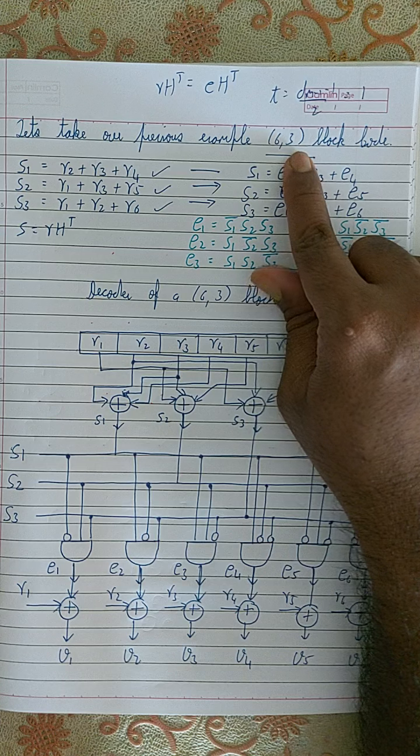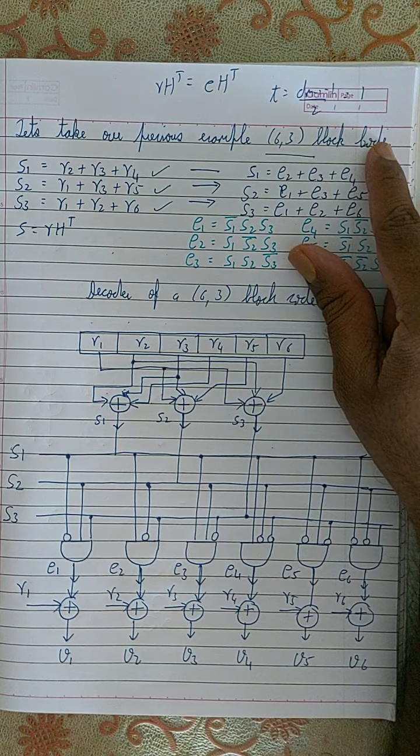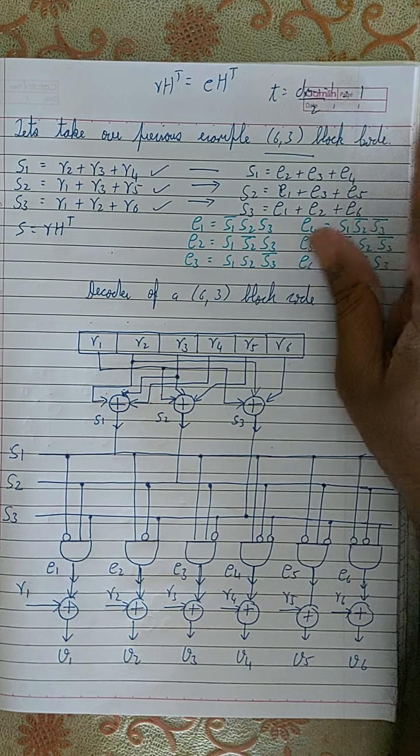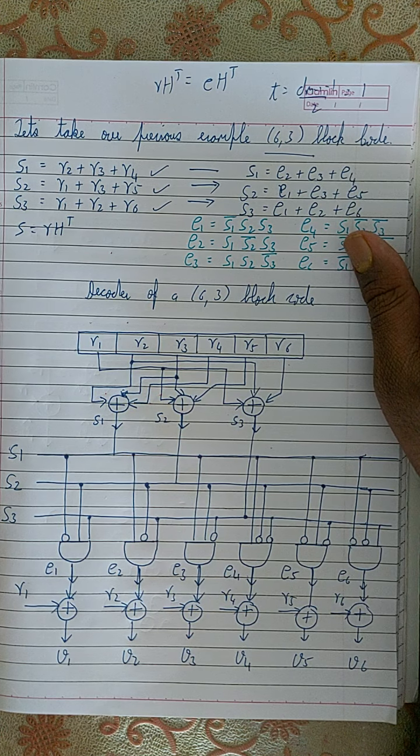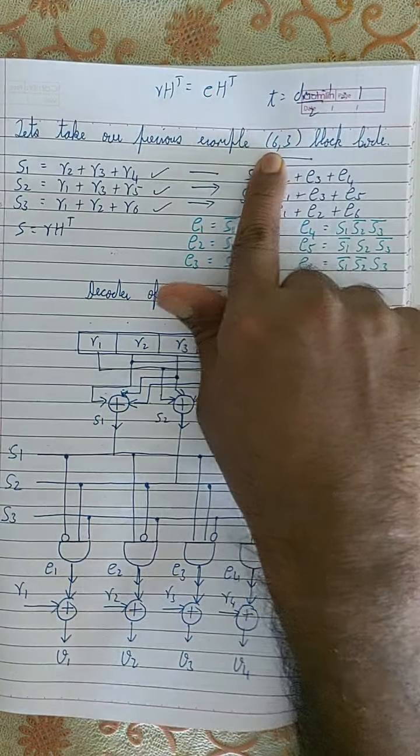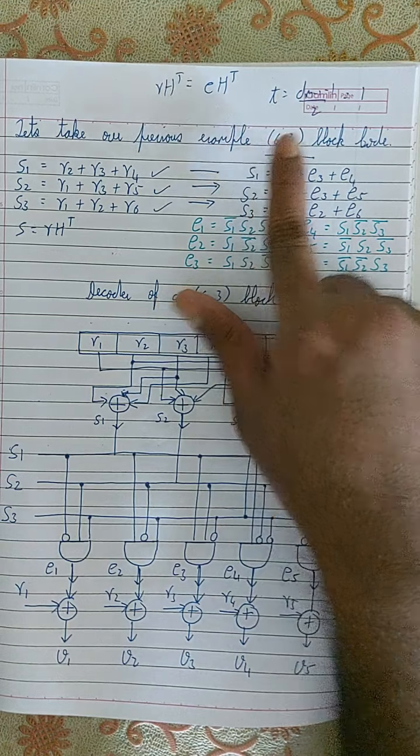So the input code word of K bits, called U, is converted to V, and the number of bits of V is N bits.